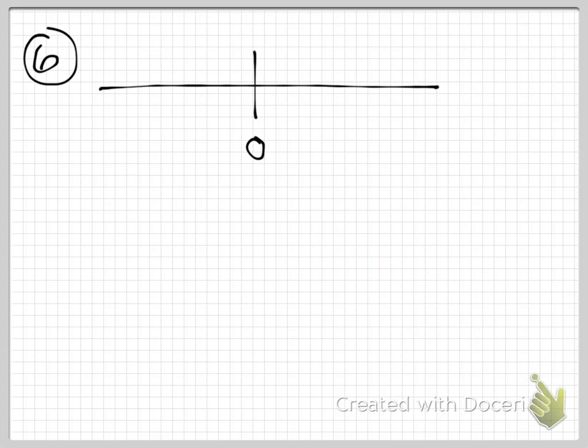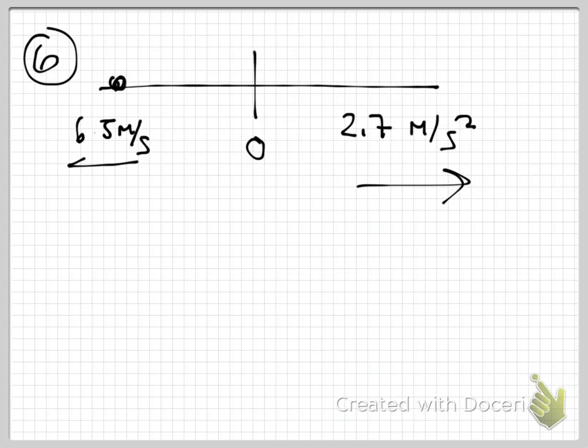So if they had an acceleration of 2.7 meters per second squared this way, and their velocity was 6.5 meters per second this way, and that was their initial, and their final was 1.5 meters per second this way for their final. What happened to them?